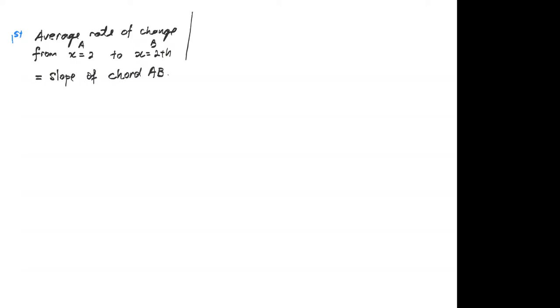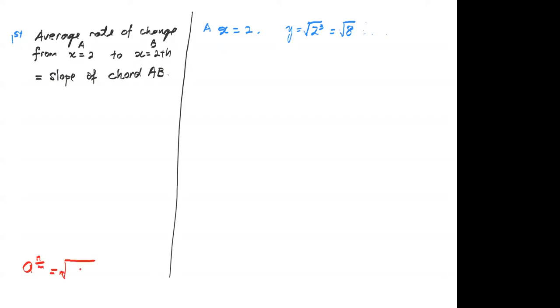Just now I put A, x equal to 2, so my y will be equal to the square root of 2 cubed. What system do I use? I use this: a to the power n over m is the m-th root of a to the power n.